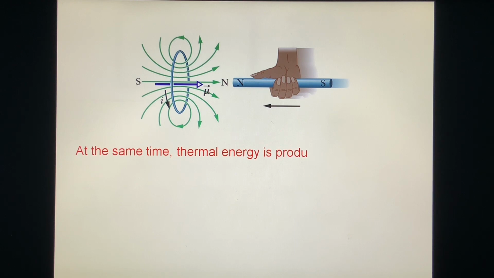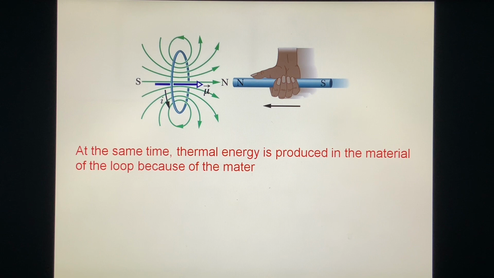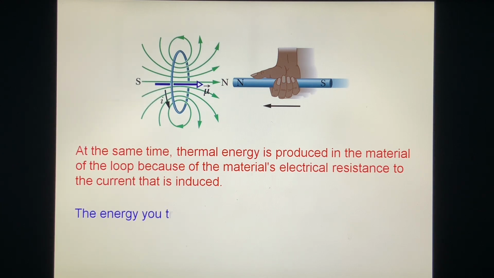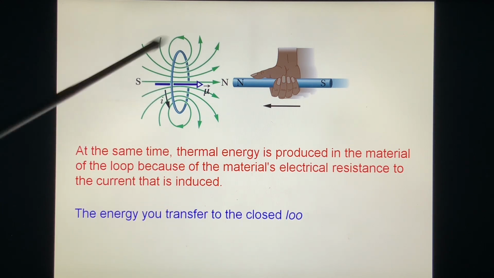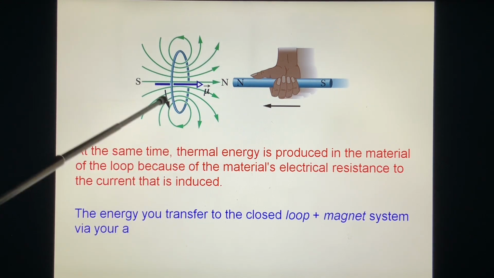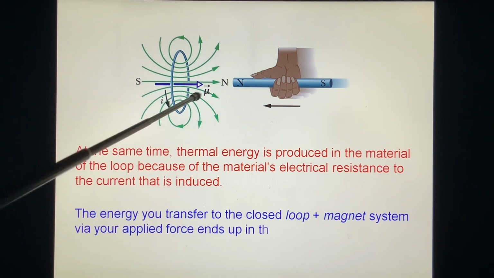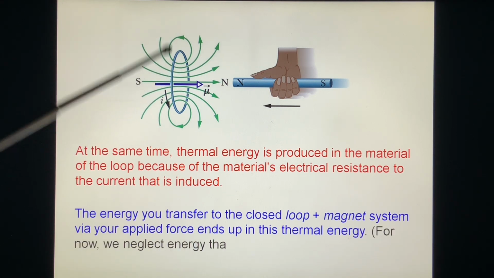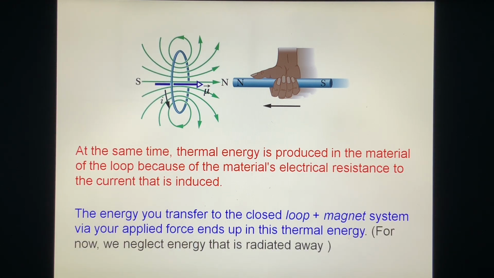At the same time, thermal energy is produced in the material of the loop because of the material's electrical resistance to the induced current. The energy you transfer to the closed loop plus magnetic system via your applied force ends up as this thermal energy. For now, we neglect energy that is radiated away.